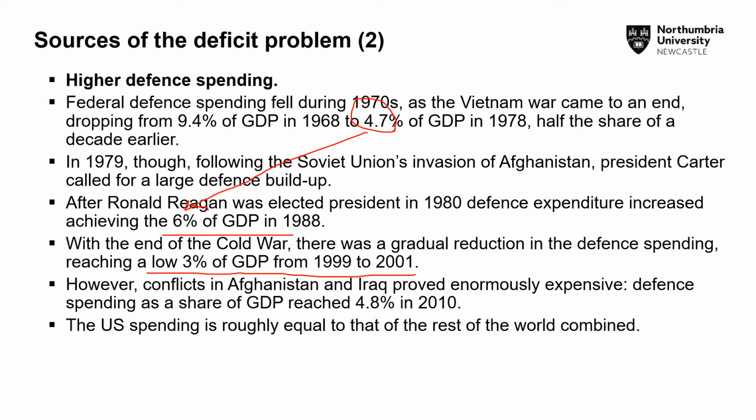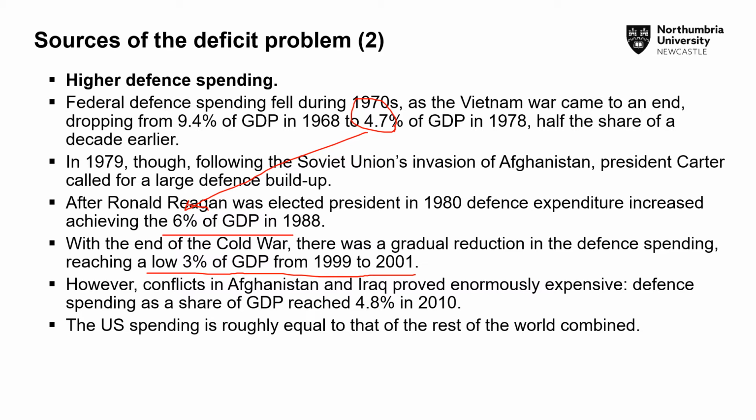And this resulted in a spike in defense expenditure, reaching 4.8% in 2010. So that is why we saw the US go into a surplus in the early 2000s and again go into a deficit. This is also what contributes. That is why we see that recovery for a short period of time on those diagrams that we discussed in the previous two slides.